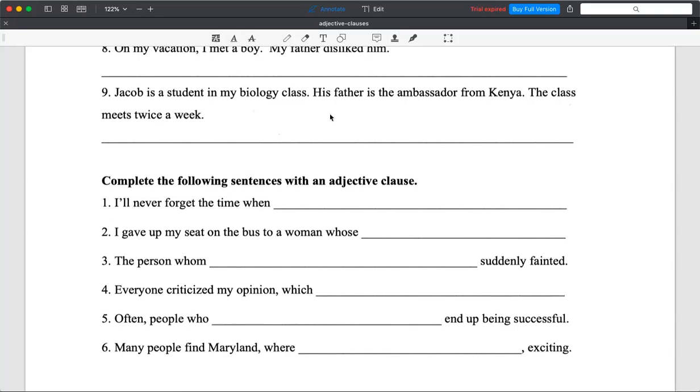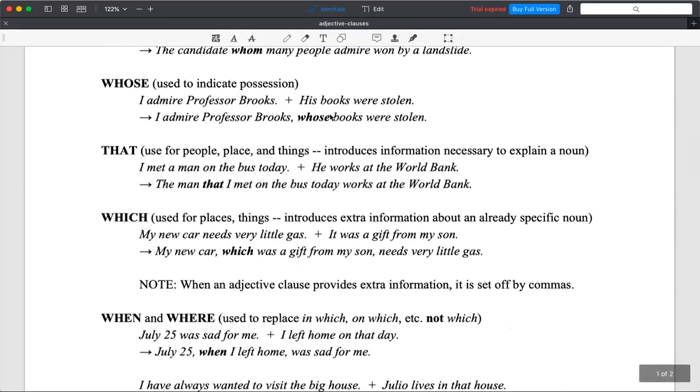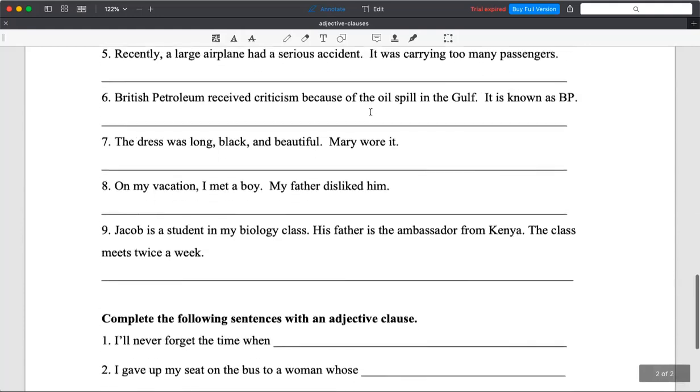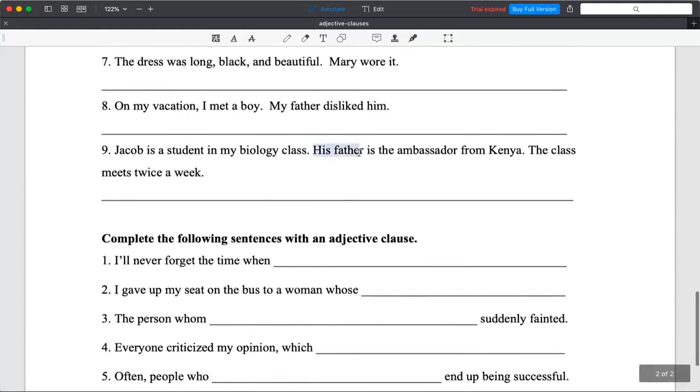But whose is spelled W-H-O-S-E, no apostrophe, and is one pronoun. In this case, because we learned whose is a possessive case, if I say his book, I say whose book. In here, because it said his father, I change it to whose father. You were correct, aside from the spelling, W-H-O-S-E.